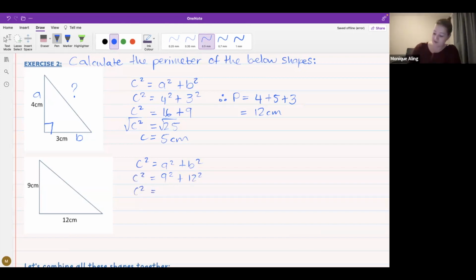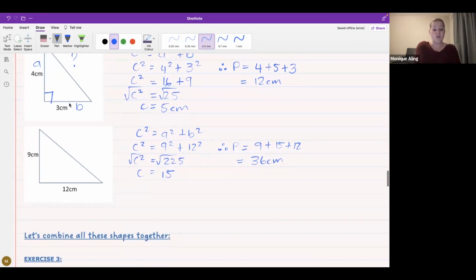So in total, that gives you 225. Square root, C is equal to 15, and therefore our perimeter is 9 plus 15 plus 12, which equals 36 centimeters. Good.